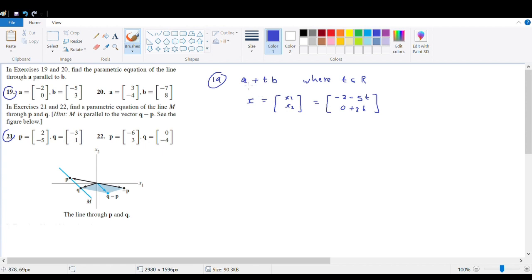This is because our a is (-2, 0), our b is (-5, 3).